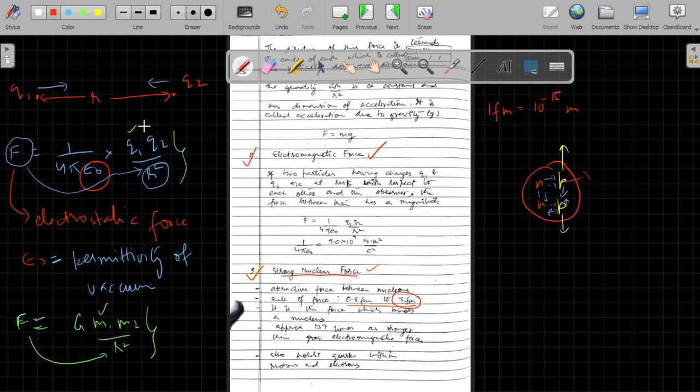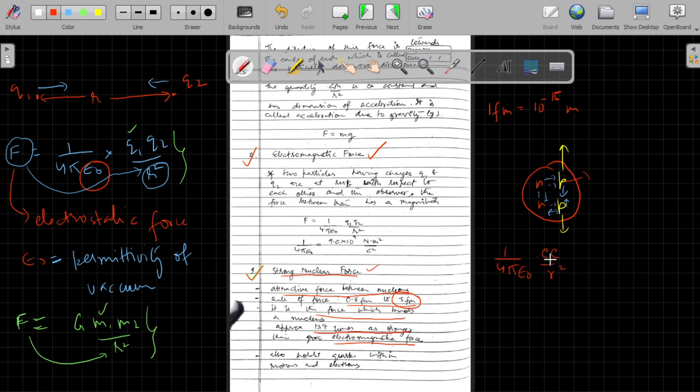Like it is said here, the nuclear force is 137 times as strong as the electromagnetic force. Mainly these forces are attractive in nature, an attractive force between nucleons. Like we said, the repulsion between these two protons would be 1 by 4 pi epsilon naught into e into e by r squared, where r is the distance between them.